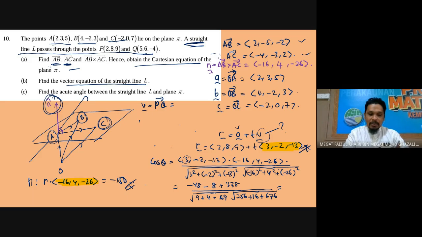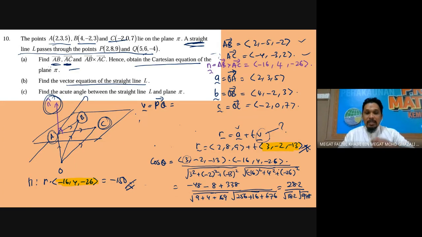So 338 minus 8 minus 48 is 282, divided by square root of 9 plus 4 plus 169, square root of 182, and square root of 256 plus 16 plus 676, which is 948.